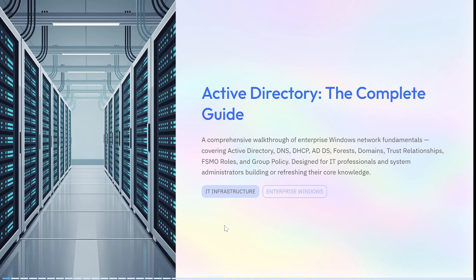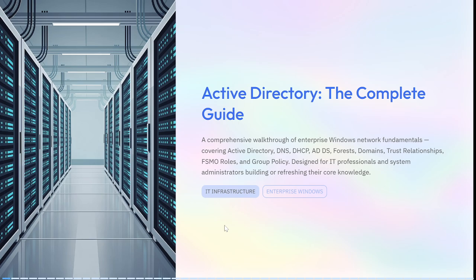In today's session, we are going to understand one of the most important technologies in the IT infrastructure world, that is Active Directory. If you want to become a Windows administrator, Azure administrator, cloud engineer, system engineer, or hybrid identity architect, then Active Directory is absolutely mandatory.